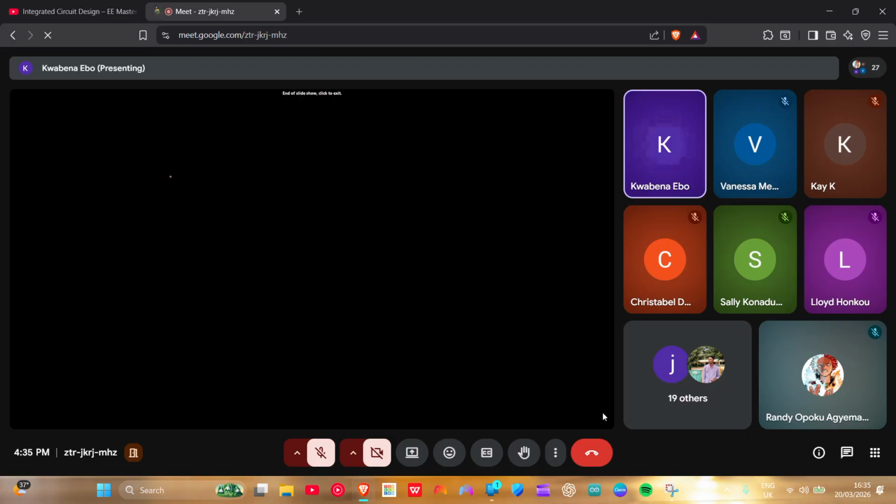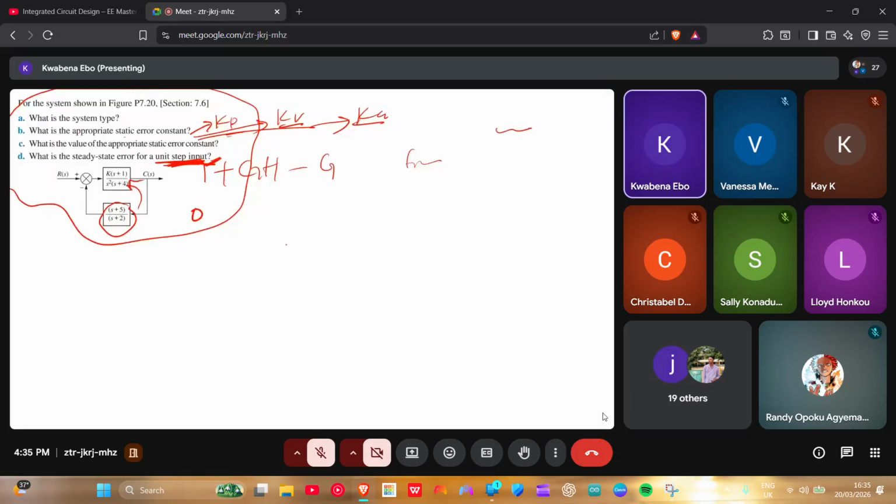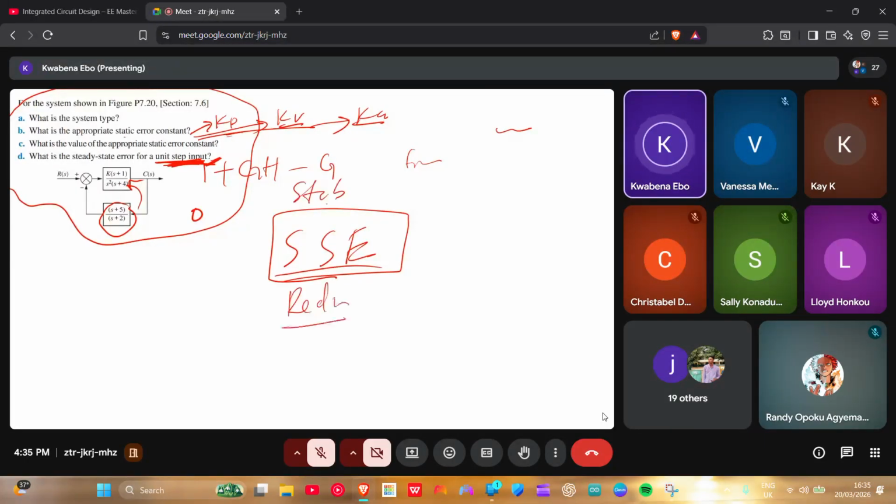End of slide. It's almost time, 4:35. Okay, is there any question with the steady state error? Any question at all about steady state error or stability or reduction of block diagrams? Last week we did reduction and stability, so I'm thinking as if we did all three in one.